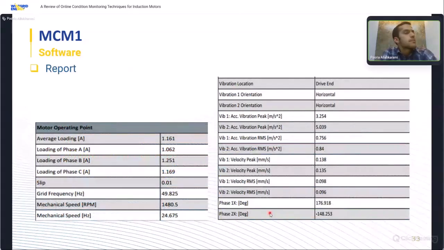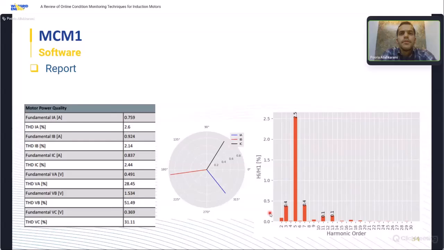Another key capability of the MCM1 is to analyze the measured signal and give us a report for the condition of the motor. This report, as you can see here, includes all the necessary information, for example, frequency spectrum, the harmonics, the peak, the RMS value, and other relevant parameters to, for example, provide the status of the motor.